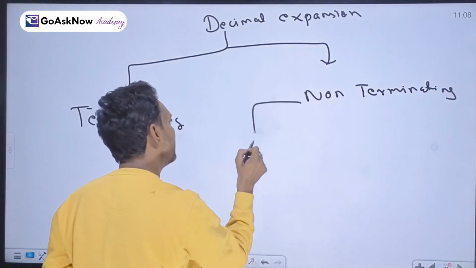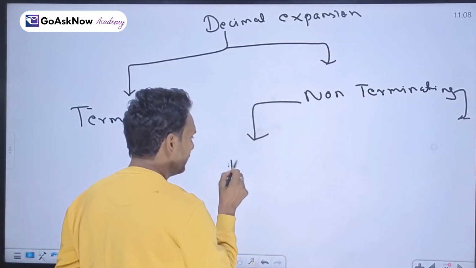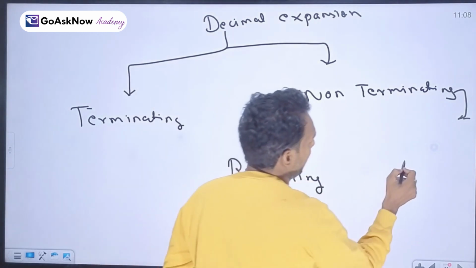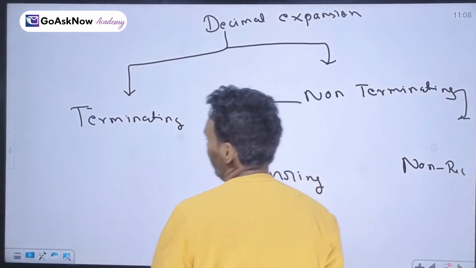And non-terminating can also be further classified into 2 parts, that's recurring and non-recurring. Okay?